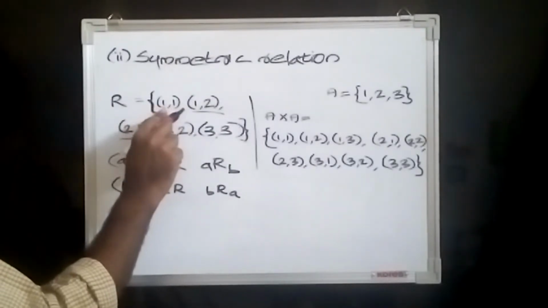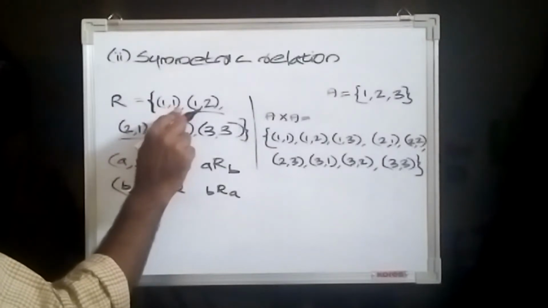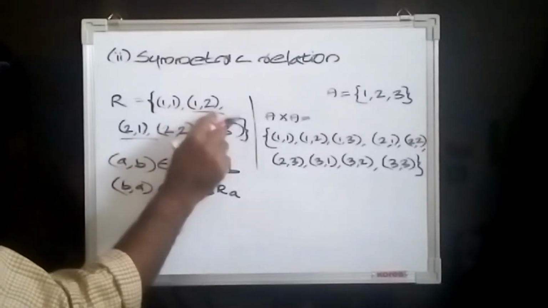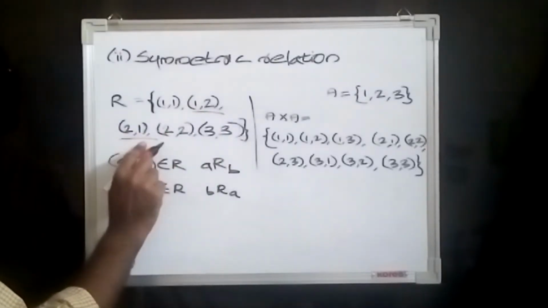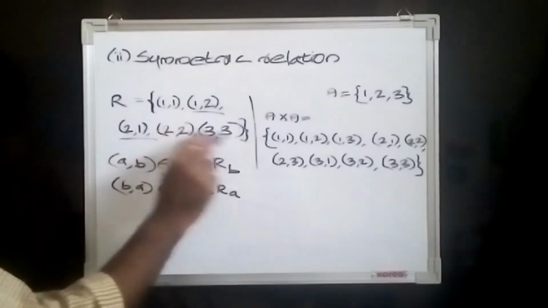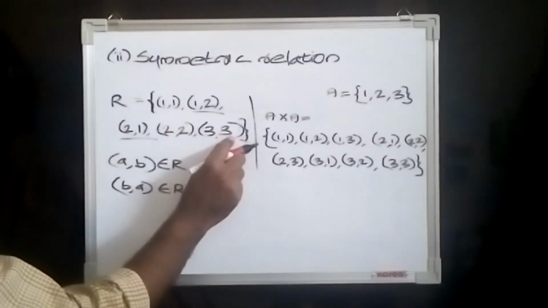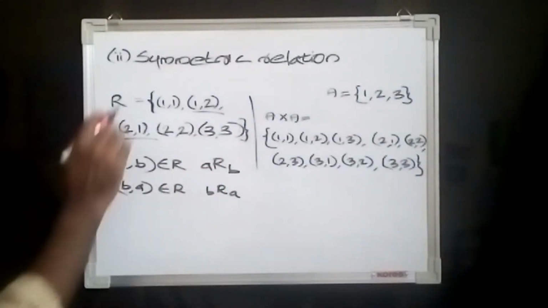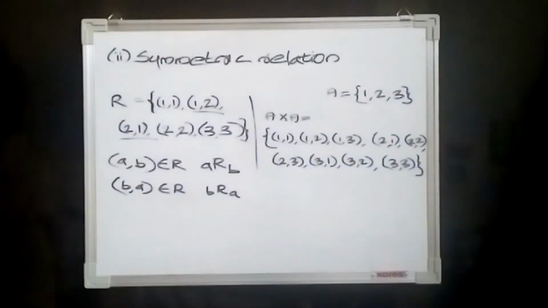Here, whenever 1 is related to 1, in the reverse order, 1 is related to 1. Whenever 1 is related to 2, 2 is related to 1. When 2 is related to 2, then 2 is related to 2. Whenever 3 is related to 3, in the reverse order, 3 is related to 3. Thus, the relation R is a symmetric relation.